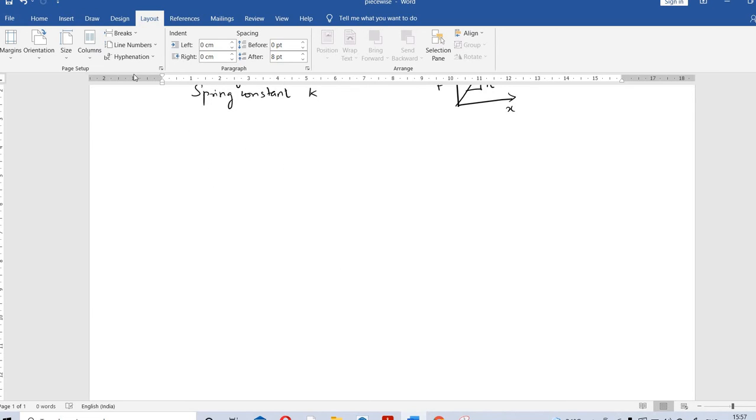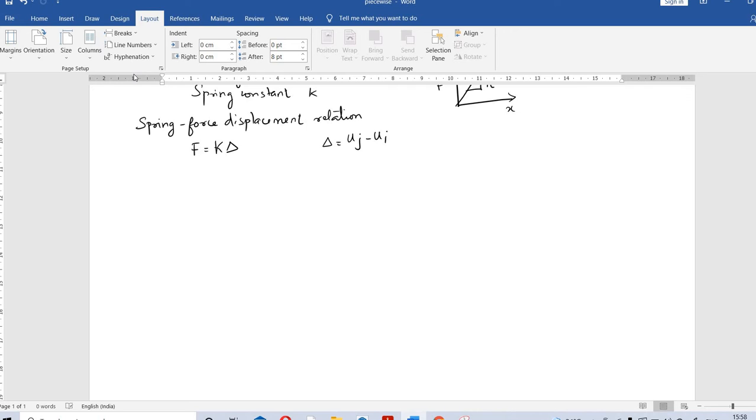Next, we are going to consider the force displacement relationship of the spring element. That is F is equal to K into delta, where delta is the difference of the displacements in a spring element.